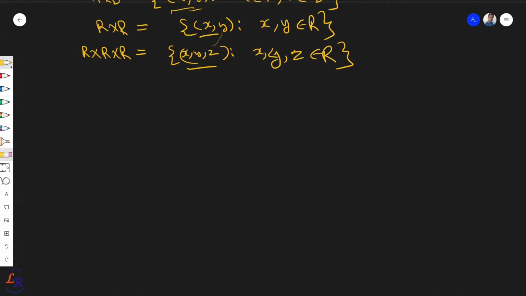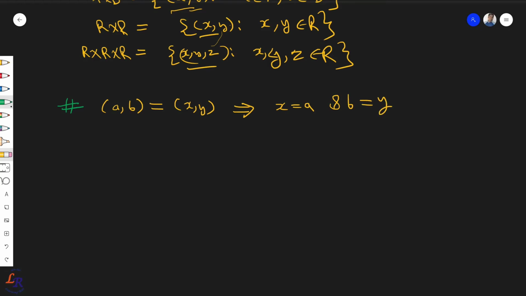Also there are some properties which you should understand. For example, if the ordered pair (a, b) is equal to (x, y), then this implies x is equal to a and b is equal to y.